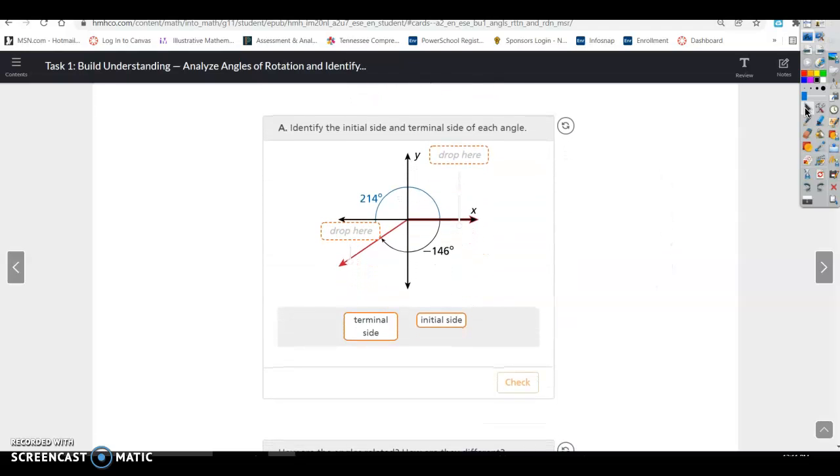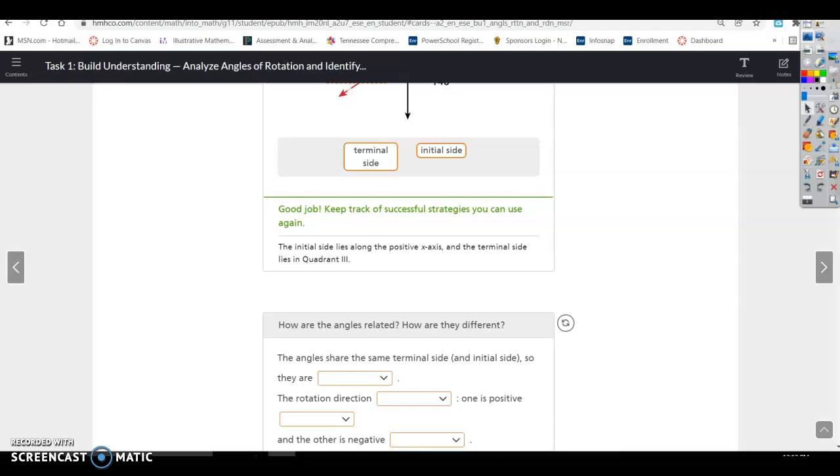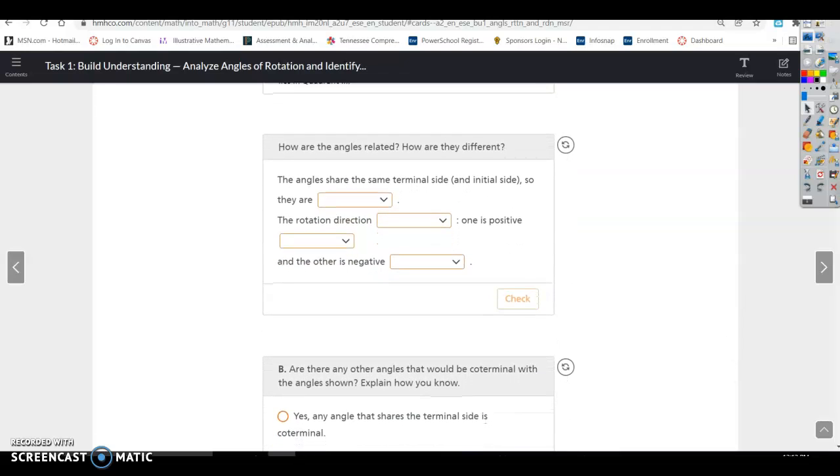All right, it says identify the initial side and the terminal side. So the initial side is where you start. That's the positive x-axis always. And the terminal side is the side where you rotate to. All right, it says, how are the angles related? How are they different? The angles share the same terminal side and initial side, so they are coterminal angles.